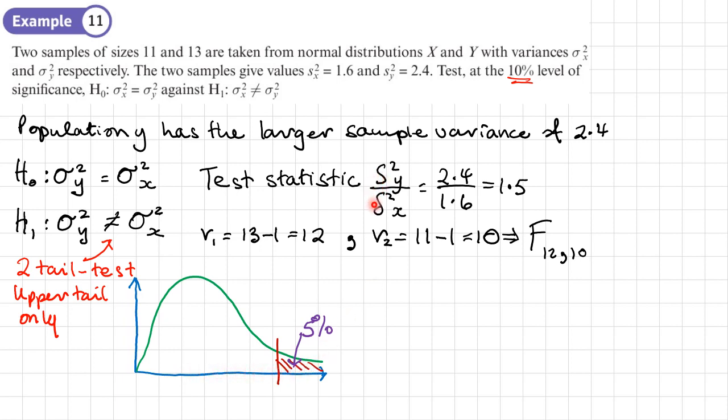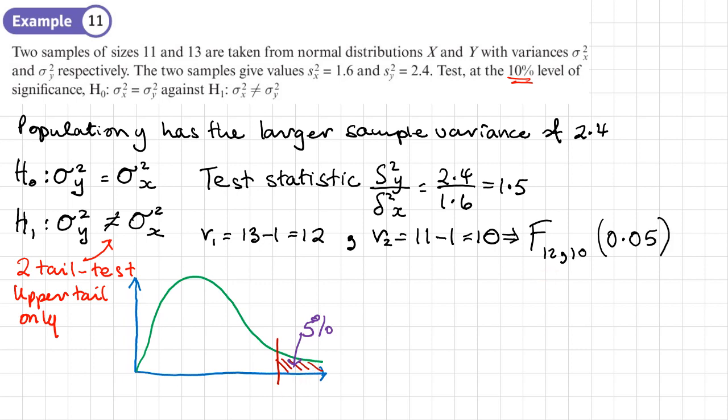Now if we had done this the other way around, where we've got the smaller one at the top, 1.6 over 2.4, then it would have a tendency to drift into the lower tail. So we only need to do an upper tail test because we've got the larger over the smaller, and if these variances are starting to drift apart in size, then this value here is going to get bigger. So we only need to do an upper tail test here, which makes it easier because we don't need to do the reciprocal thing or anything like that. So it's going to be the 5% that's on the right hand side here.